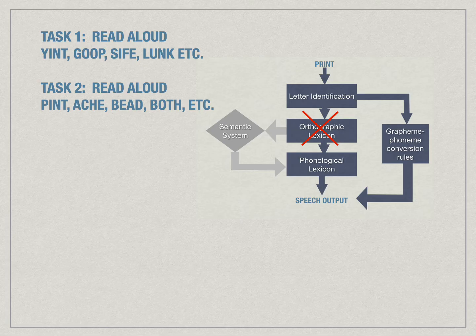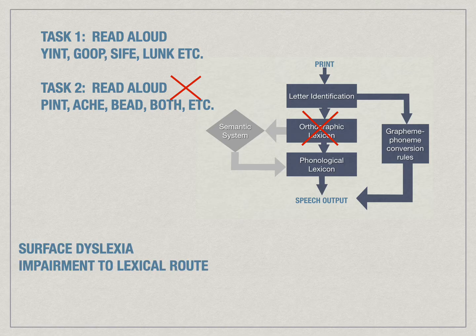Atch, it's not a word. That says bed. You fall asleep on it. Both, not a word. You see that? That is known as, so impaired on task 2, but preserved on task 1. That is called surface dyslexia. So you have phonological dyslexia, damage to the non-lexical route, surface dyslexia, damage to the lexical route. So far, so good?